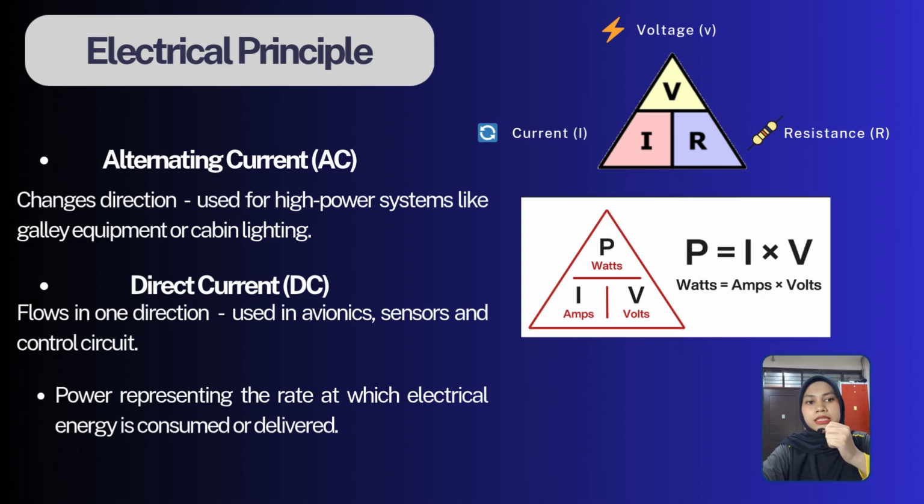While the DC, the direct current, flows in one direction, and it is used in avionics, sensors, and also the control circuits. So the last one, I will explain about the power. Power in an electrical system is calculated using the formula P equal to IV, which represents the rate at which electrical energy is consumed or delivered.